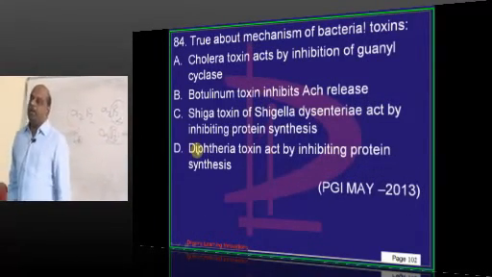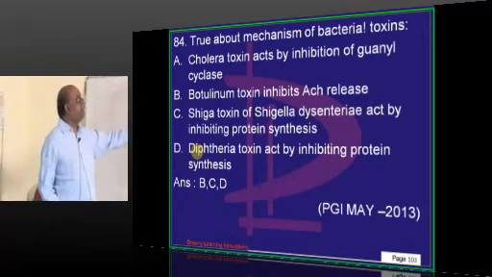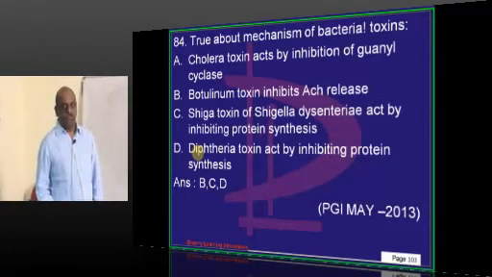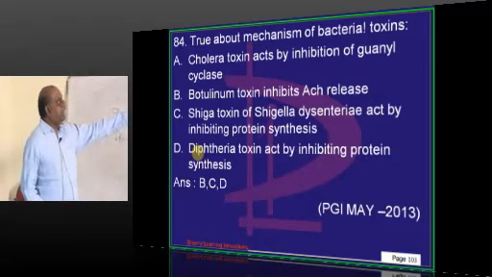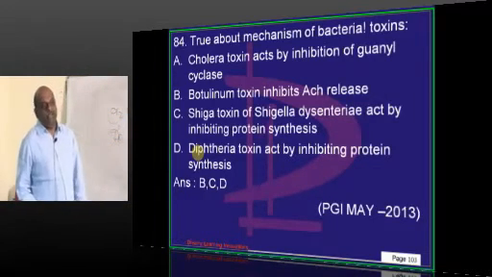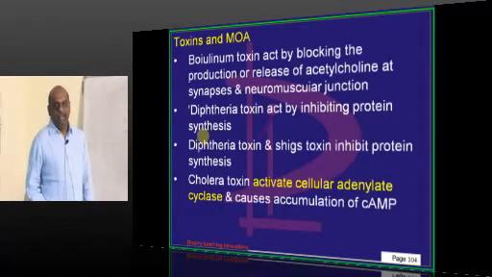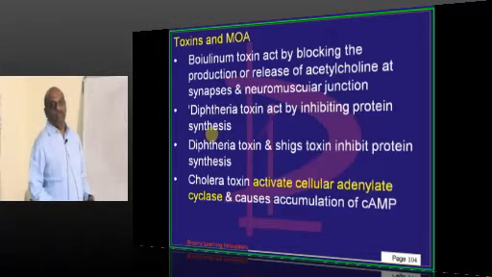Then, coming to the various bacterial toxins, how do they act? Botulinum inhibits acetylcholine release, which is true. Shiga acts by inhibiting protein synthesis, and diphtheria acts by inhibiting protein synthesis. They are all true statements. How will cholera toxin act? Adenylate cyclase and cyclic AMP, as all of you know very well.